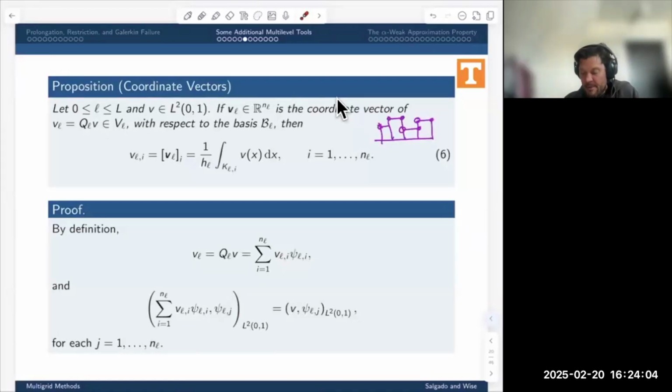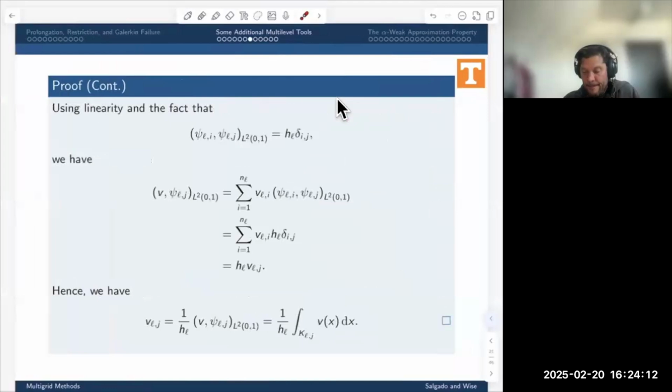Now, if you buy that, then if I make this basis expansion, assuming that everything exists, I'm going to put that in here. And I'm going to use the fact that if I put two basis functions into the L2 inner product, I'm going to get out in the end HL times the Kronecker delta, delta ij.